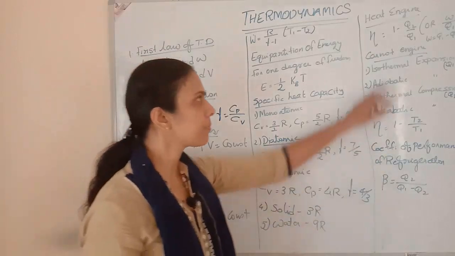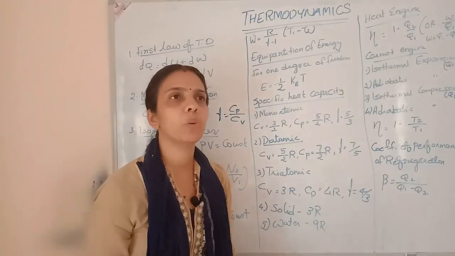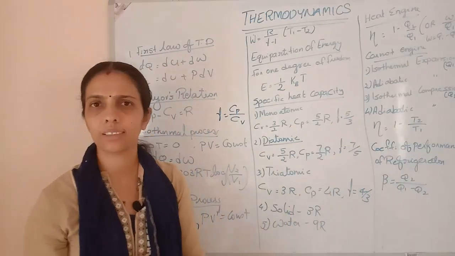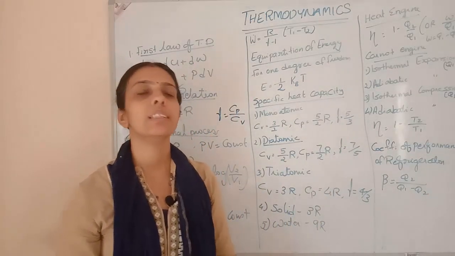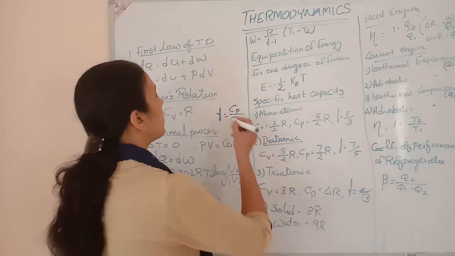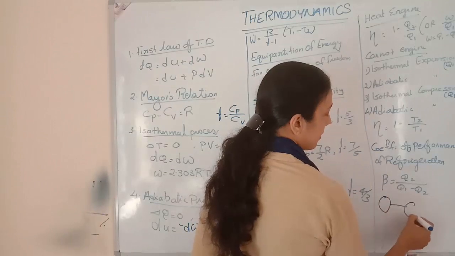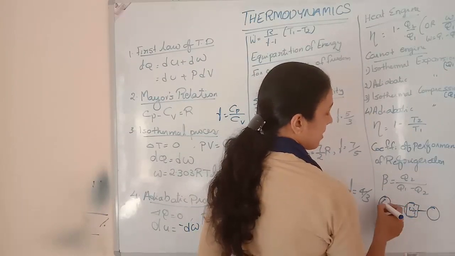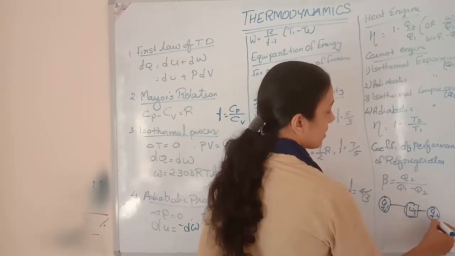So next is the heat engine. We know a heat engine has a source, sink, working substance, all those things, and its block diagram is very important. For a heat engine the block diagram can be, you see, this is the working substance, this is Q1 and T1, this is Q2 and T2.